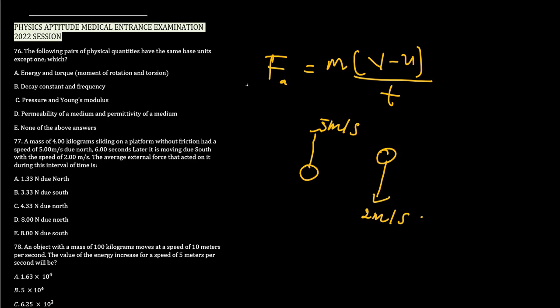So this is the final speed and that's the initial speed. If we want to get the average force, it can simply be the difference between the final momentum possessed by the object and the initial momentum. And the momentum is the product of the mass and the velocity of an object. From the expression of the average force, mv is the final momentum and mu is the initial momentum.